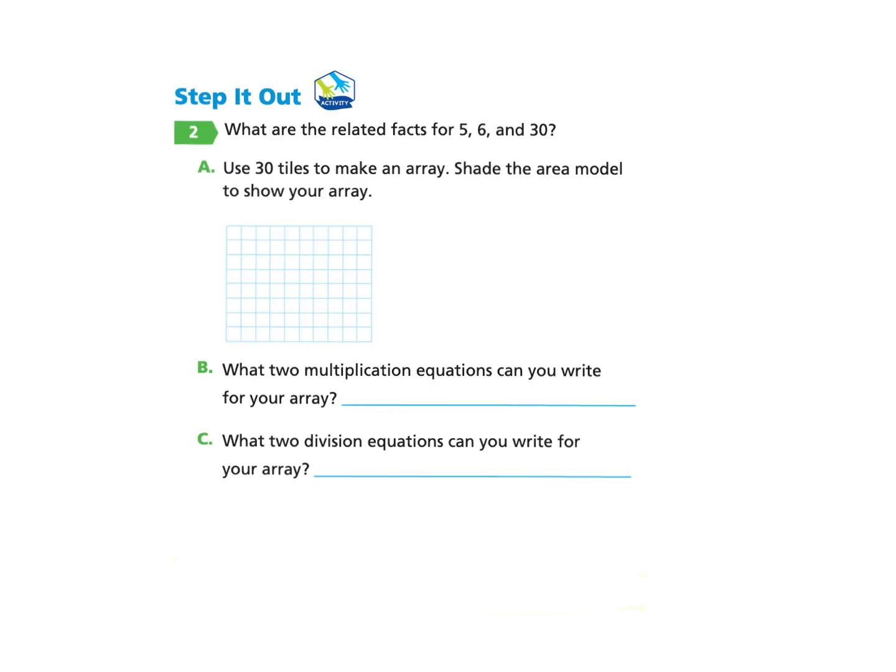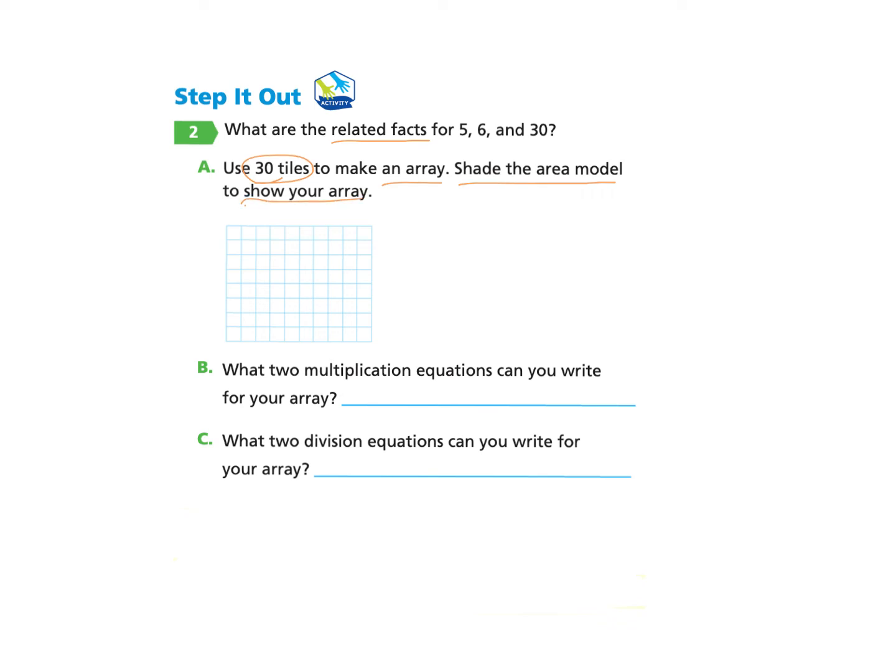Let's take a look at the next page, page 177, Step It Out, Part 2. What are the related facts for 5, 6, and 30? Part A says use 30 tiles to make an array. Shade the area model to show your array.